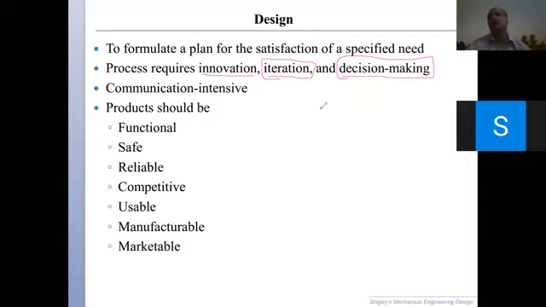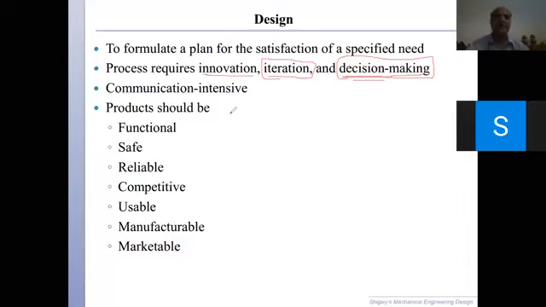So for a good mechanical engineer, or for a good designer, it is very necessary that he has this ability of making decisions. Otherwise, without decisions, you are not going to go anywhere. So you cannot solve a problem.